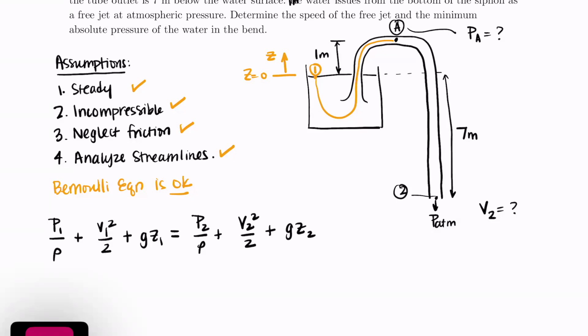The other little nuance to this streamline that I've drawn here is that we're going to assume we have a really large tank. Since it's a large tank, it's going to be draining out really, really slowly, so we can assume that our velocity at 1, at the surface of the water, is approximately 0. Does that make sense?